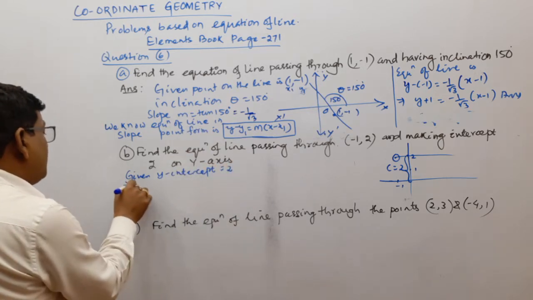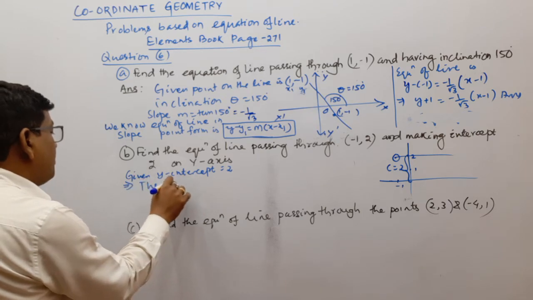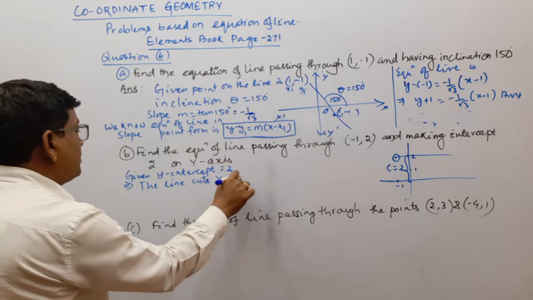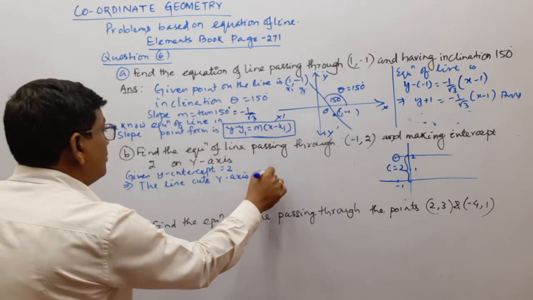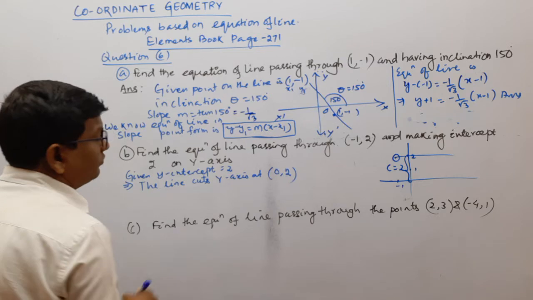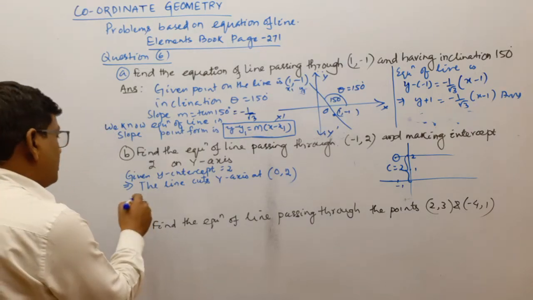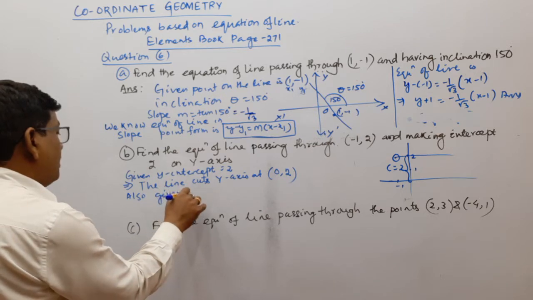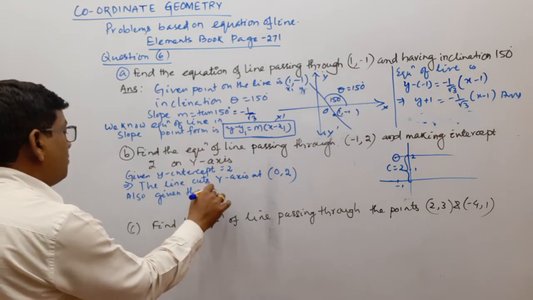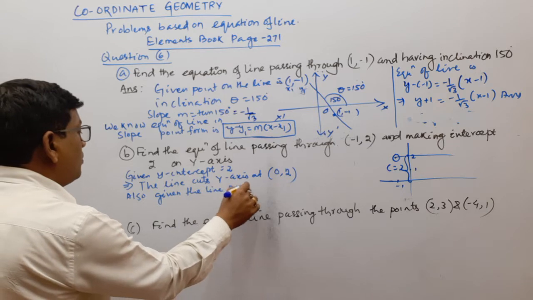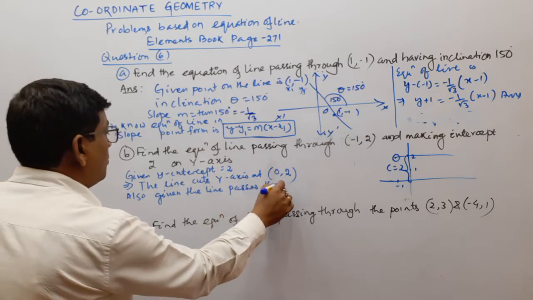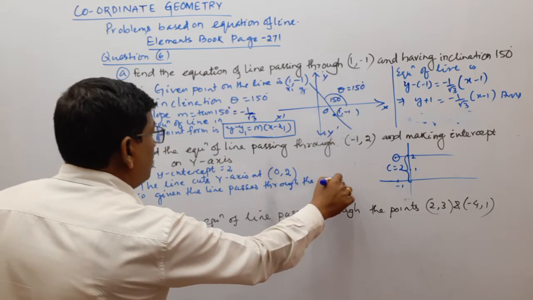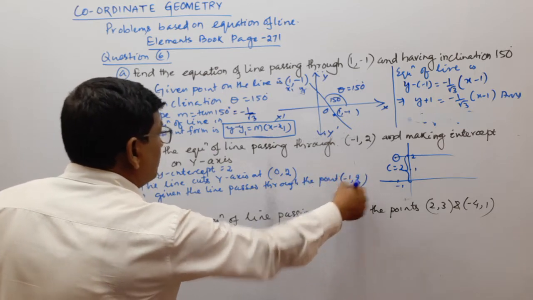That implies the line cuts the y-axis at (0, 2). Also given, the line passes through the point (-1, 2).